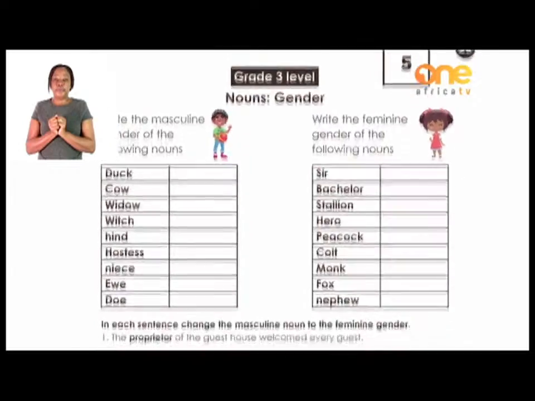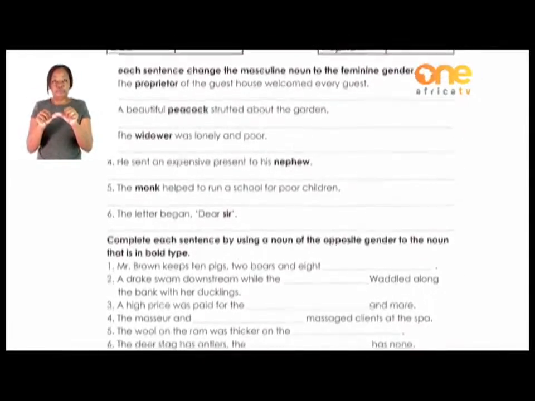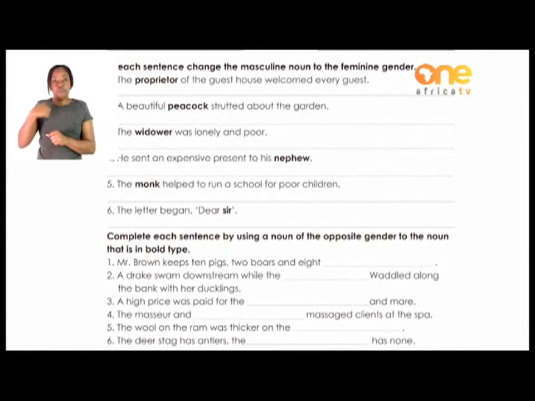Okay, still on the gender, we continue with the next one. The next exercise, the genders are put in the sentences. All right. So let's try the first one, and then you are going to do the rest. I want you to search for me all the words which are in bold.